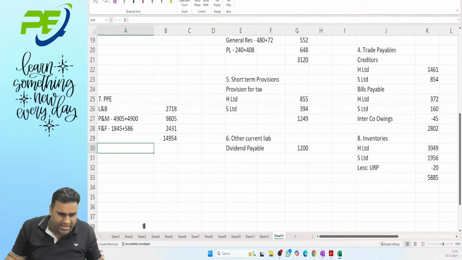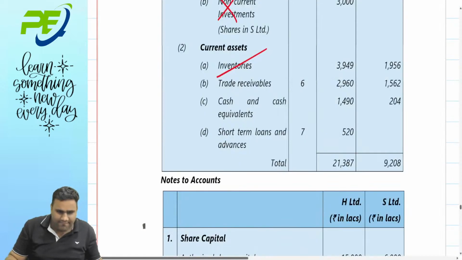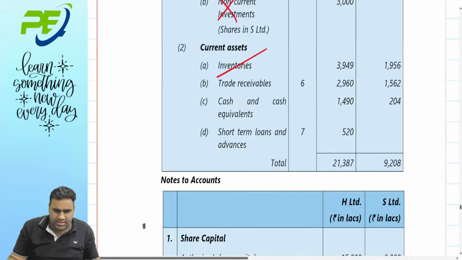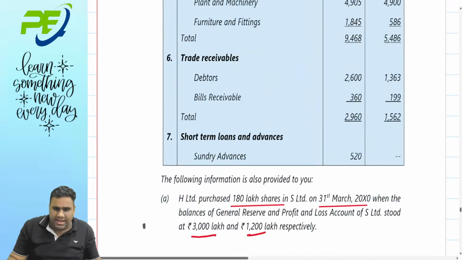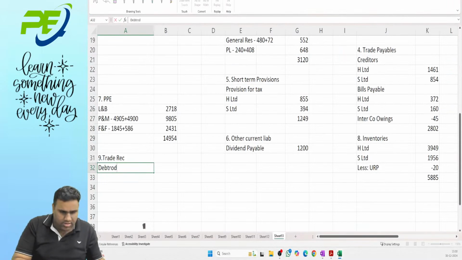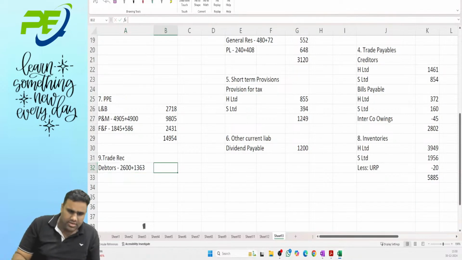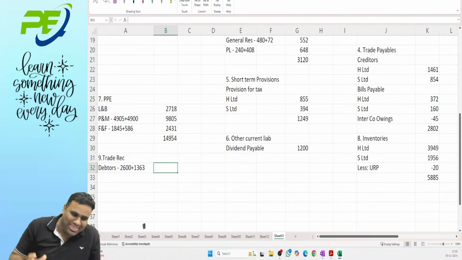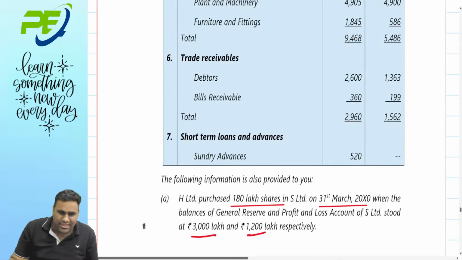So note number 9. Trade receivables: debtors and bills receivable. Debtors, it is 2600 plus 1363, 3963.